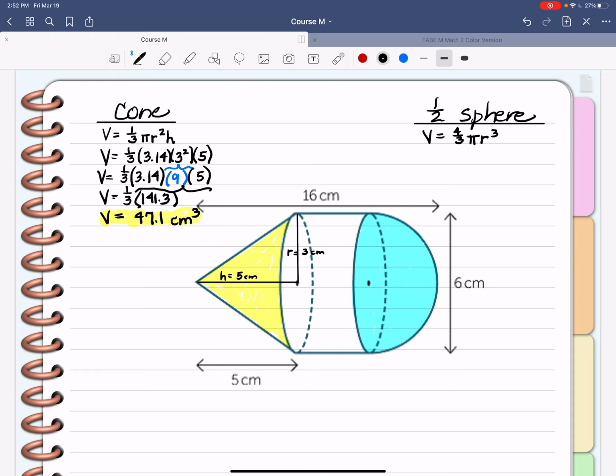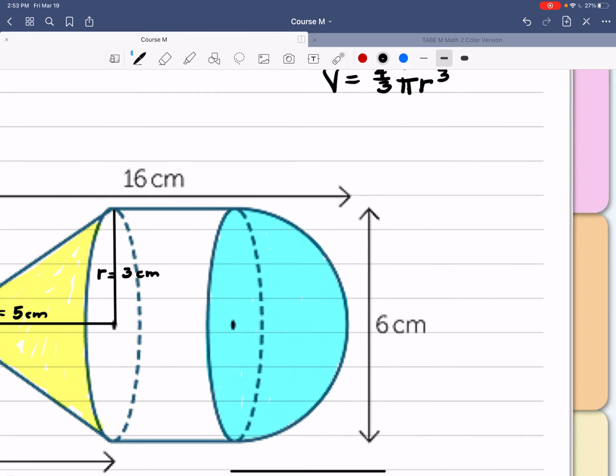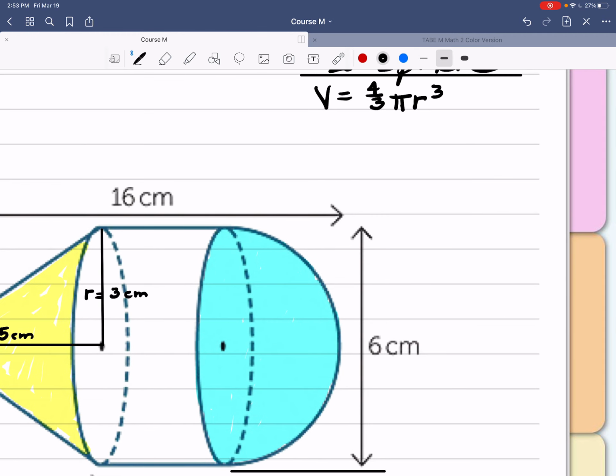Okay, so again, looking at the sphere, the only thing I need to know is radius. And we already know that because we found it for the cone. That is 3 centimeters. So I have 4/3 pi r to the 3rd power. 3 to the 3rd.